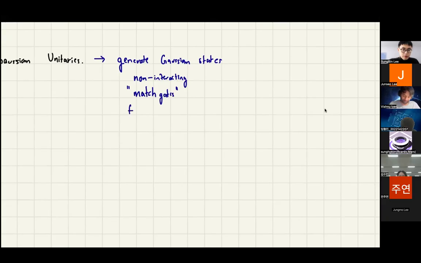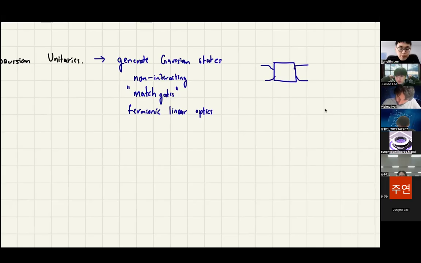They are sometimes also equivalent to this class of qubit states called match gates. They are generated by something called fermionic linear optics. And what are fermionic linear optics? They're composed of these two elements: there's a beam splitter, and then there's a phase shifter.